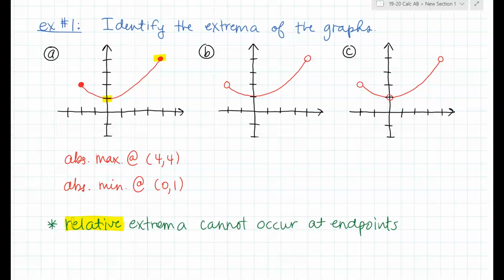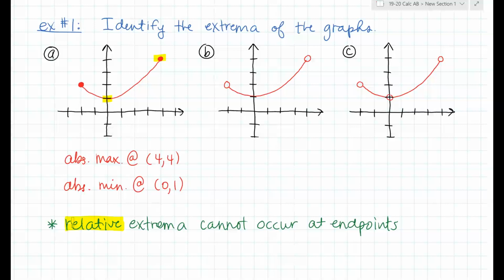But if it's at the end of the graph, how are you going to tell me what happens to the left of the point negative 2, 2 when there's no data? You can't tell me on the left side it was going up or going down. We don't know. I could tell you that after the point negative 2, 2, the graph is decreasing. Okay? But I can't tell you what happens before. So that's why relative extrema cannot occur there.